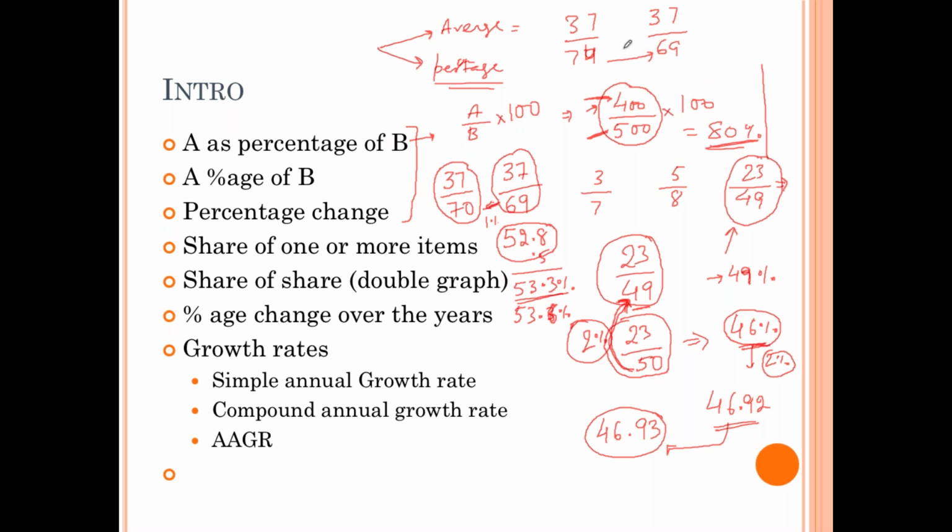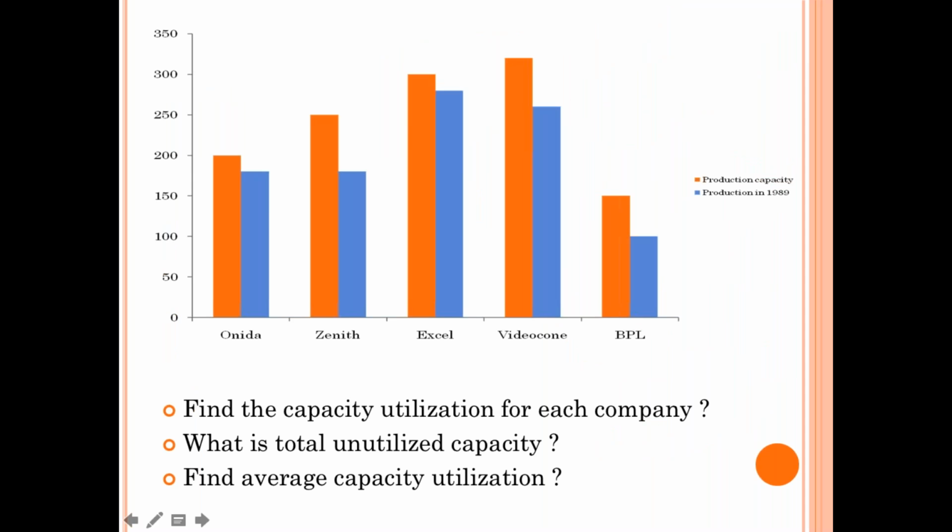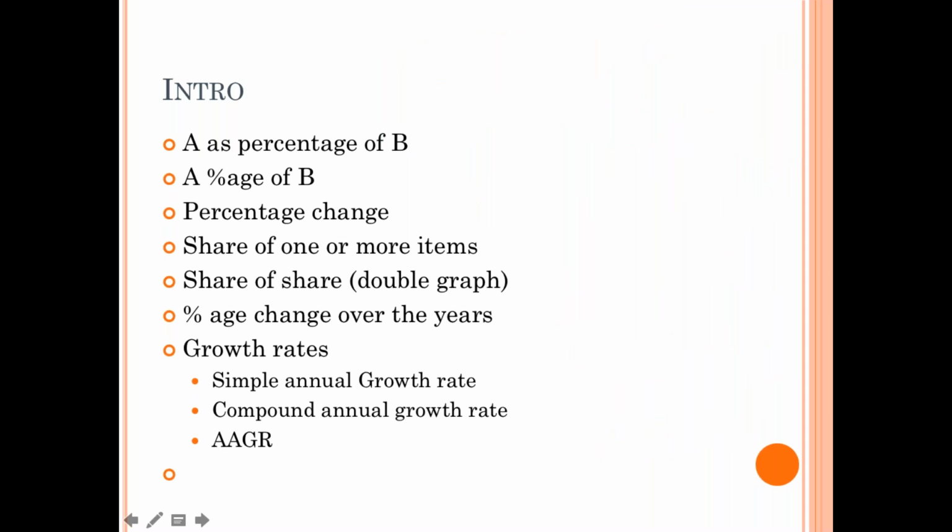So I move 5 here, and this would be 50%. If I am moving 5 on 74, it is approximately 6%, so it will be 53%, right? Whichever way you do, you should be able to understand this concept. I hope this is clear.